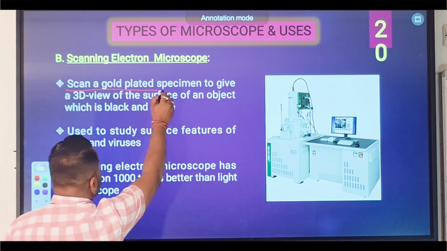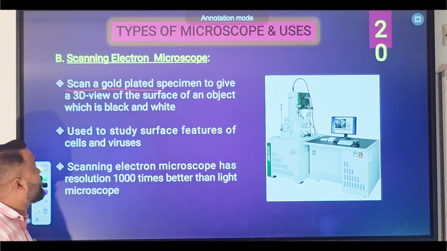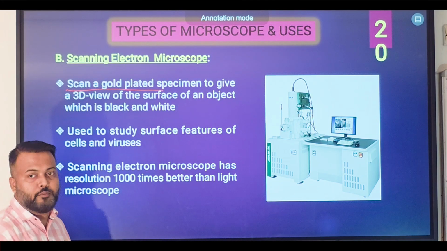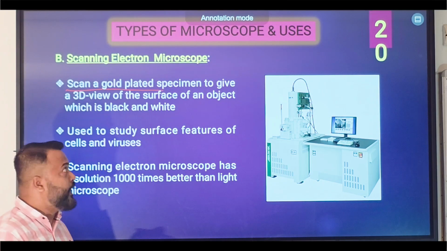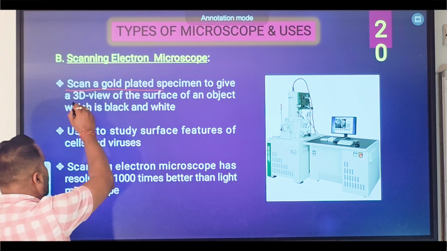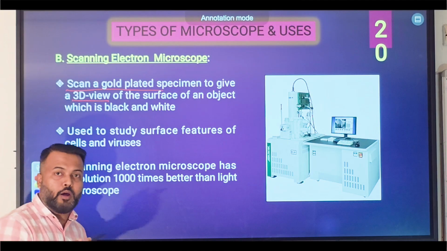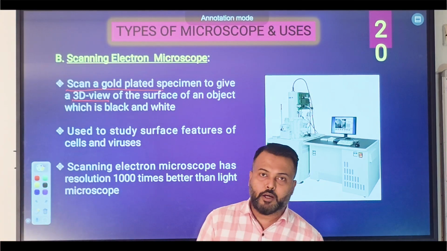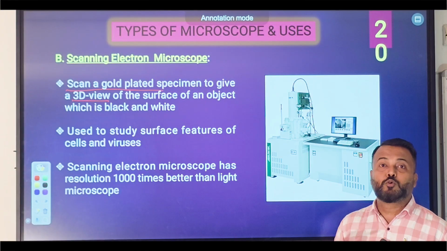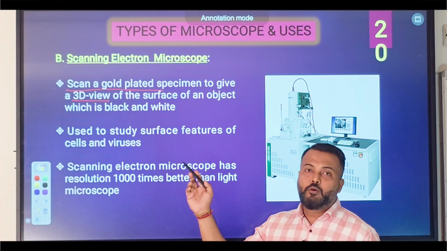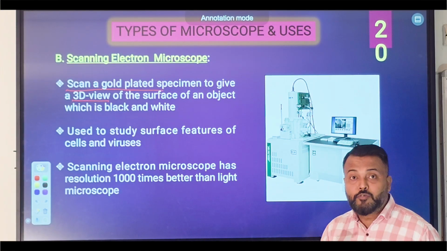It scans a gold-plated specimen to give a 3D view of the surface of an object, which is black and white. So mostly black and white images will be produced, and it will be a 3D view. But in the previous microscope, the transmission electron microscope provides a 2D image, whereas here it will provide a 3D view of the surface of an object.